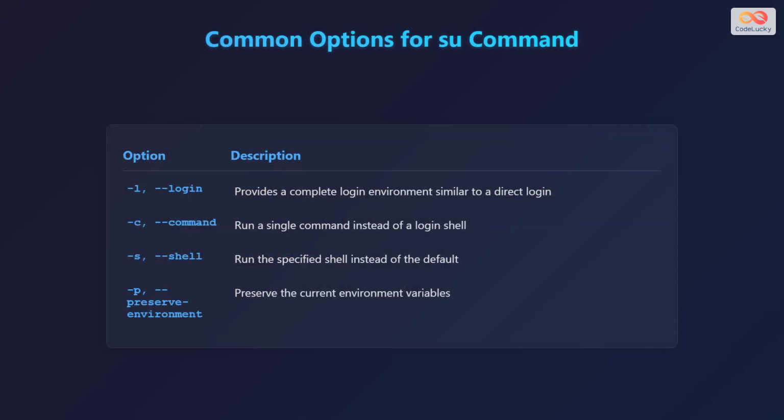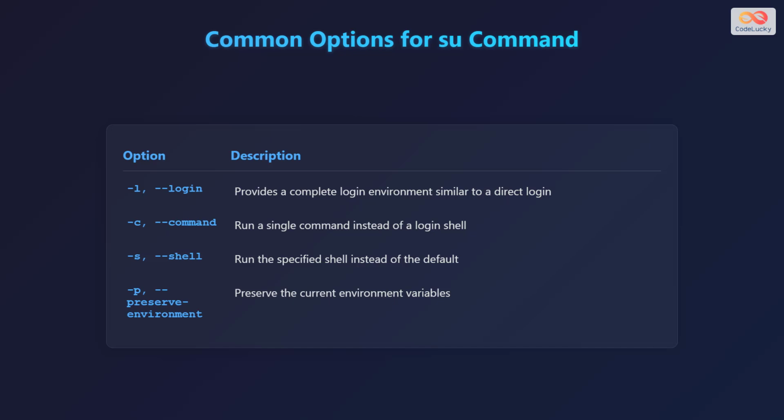The su command comes with several options to modify its behavior. Let's explore some common options. The -l or login option provides a complete login environment, similar to a direct login. It changes to the target user's home directory, sets up the user's environment variables, and uses the target user's shell configuration files.